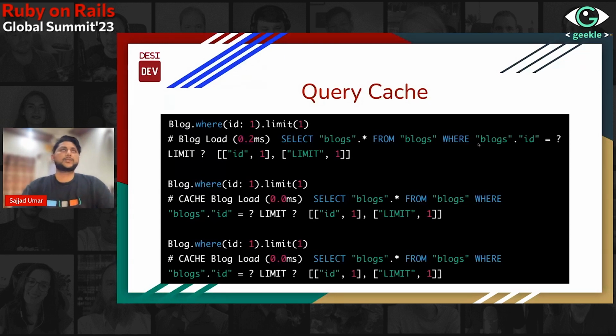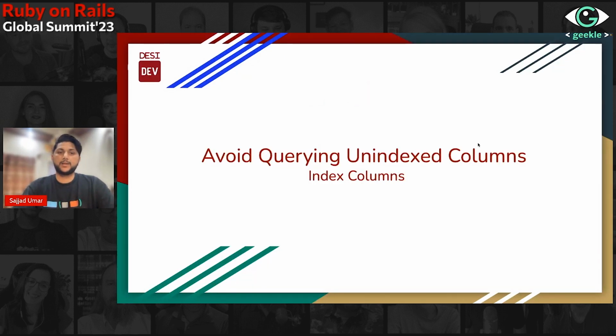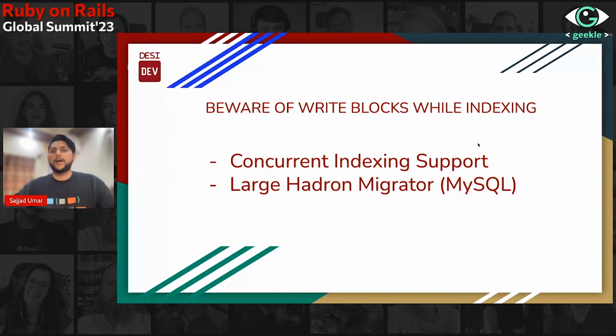The next thing you want to look at is to avoid querying unindexed columns. At scale, these queries can time out and cause problems. So index the columns you want to query, but beware of write blocks. Whenever you index a large table, for example, the database often locks writes to that particular table, which means large tables can be write blocked for a really long time, which is not very good for production usage.